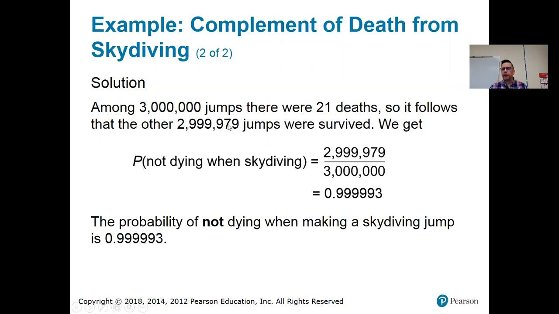It seems kind of silly to be this precise. I mean, that 3 million is definitely rounded off, but anyway, it's what we have, okay? So the probability of not dying when skydiving would be that 2,999,979 over the 3 million total skydiving jumps. And as a decimal, that comes out to 0.999993.